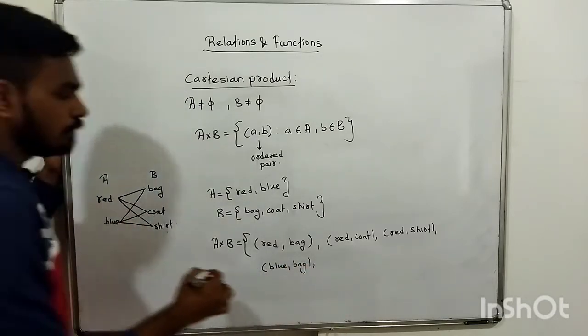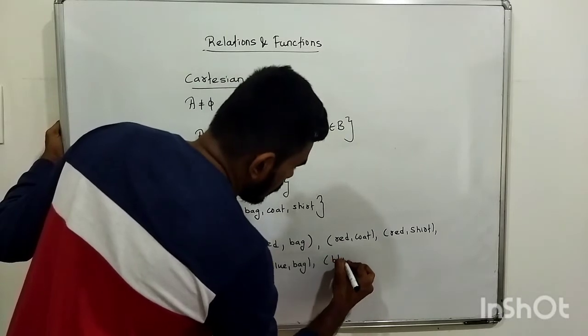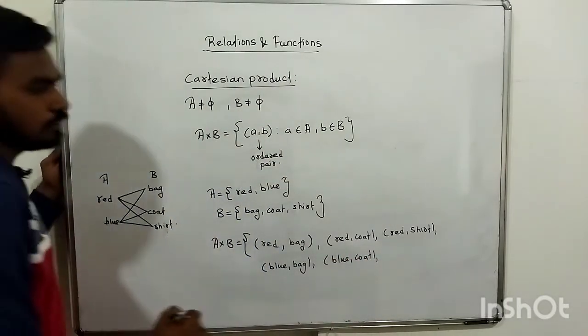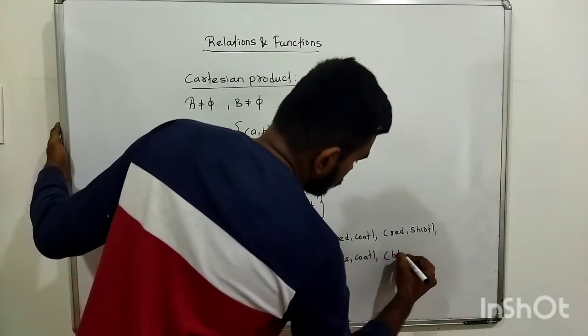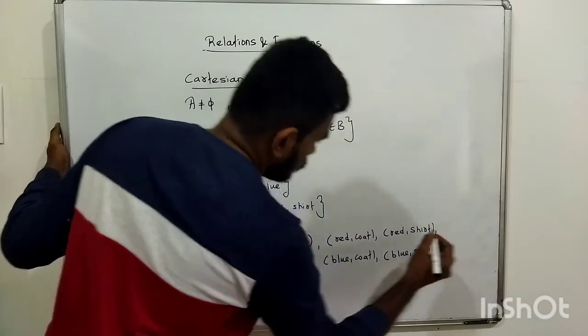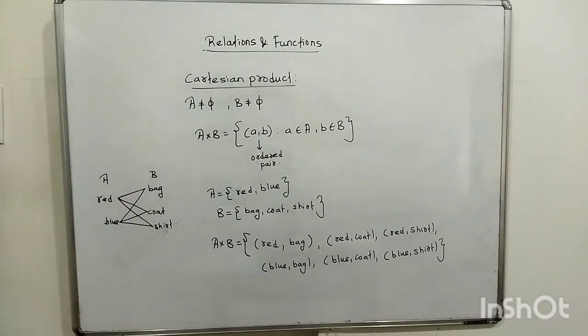Blue and coat: (blue, coat). Blue and shirt: (blue, shirt). So these are the different pairs you can make of this set and this set. This is called the Cartesian product or cross product of A and B.